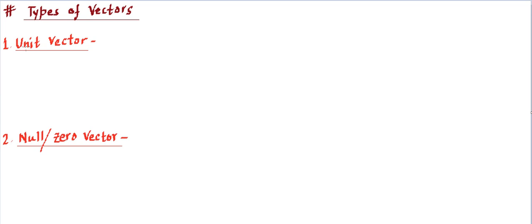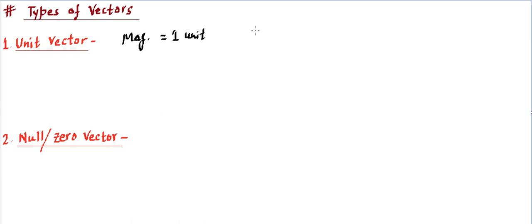First is the unit vector. A unit vector is a vector having magnitude 1. So if a vector has magnitude 1, I'm writing in short, magnitude is equal to unit. Any vector having 1 unit magnitude is known as a unit vector.